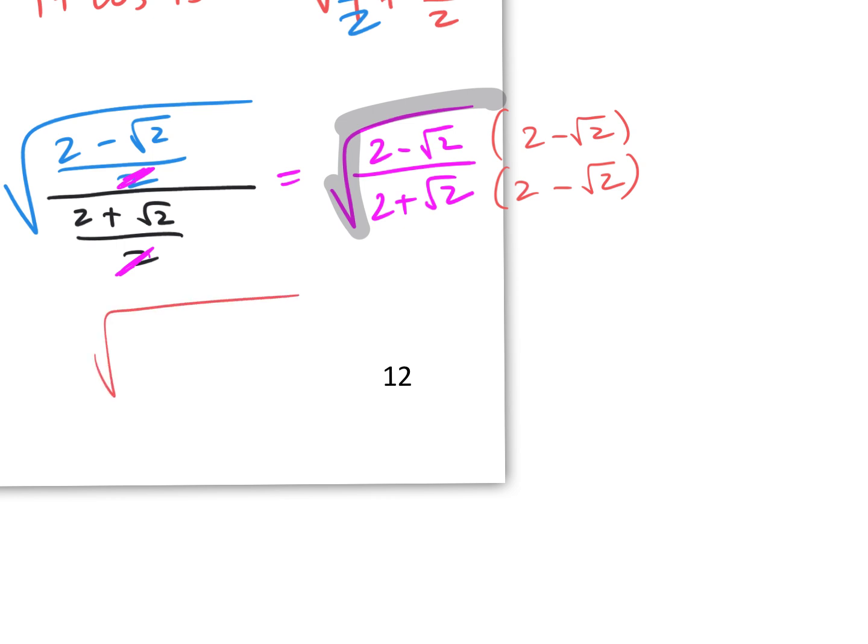It just is staying. What we do need to do is distribute what's inside. What's my 2 times 2 going to get me? 4. Then I'd have minus 2 root 2. And then would I have minus again?